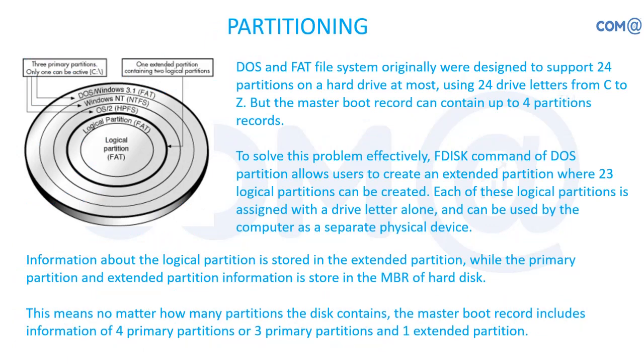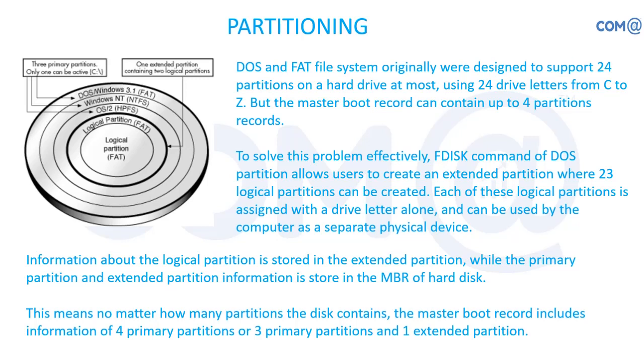DOS and FAT file systems were designed for 24 partitions, based on the alphabetical order. But we need not go with that because the general management of data and the operating system will become complex. So better go for few partitions only.